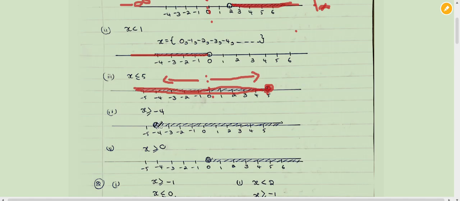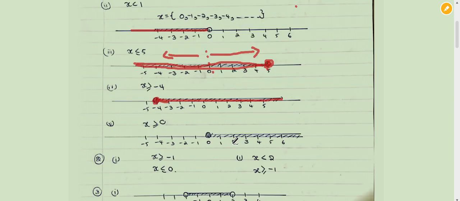Minus 4 is this, right? So you should draw a circle. What circle? This is equal, right? Equal means you should shade this circle also. And x is greater than minus 4, so greater than minus 4 means you should shade this area. I think you can understand now.